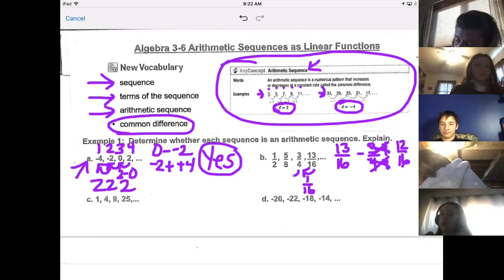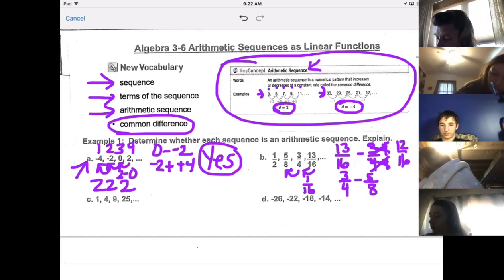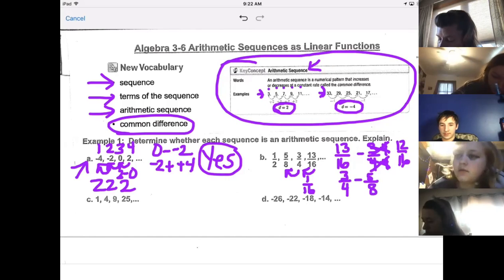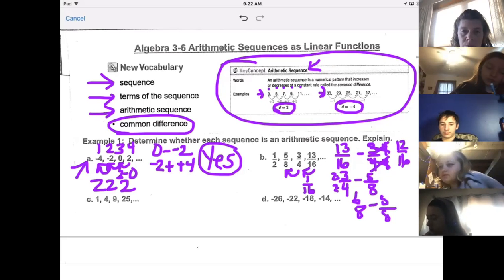Now I'm going to take 3/4 and I'm going to subtract 5/8. Oh boy, I need a common denominator, don't I? Multiply by 2 and I get 6/8 minus 5/8. What's 6/8 minus 5/8? 1/8.